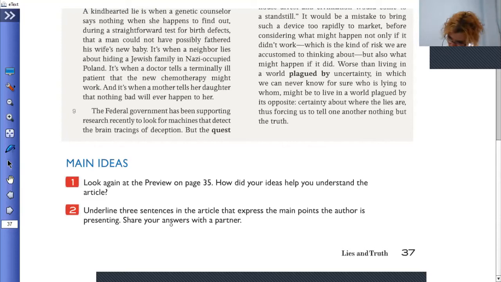You go to paragraph 2 and find the sentence: what is true instead is that there are as many ways to lie as there are liars. There's no such thing as a dead giveaway. That is one that shows the main idea.